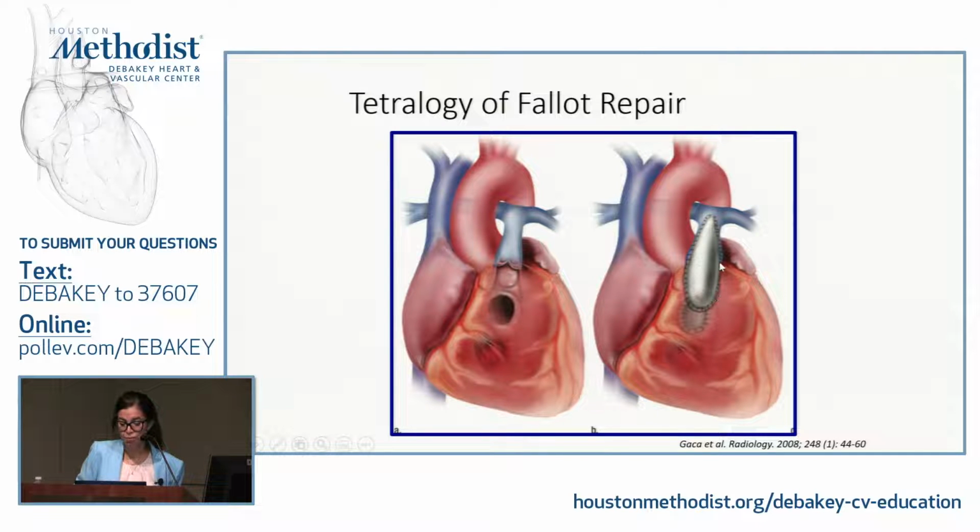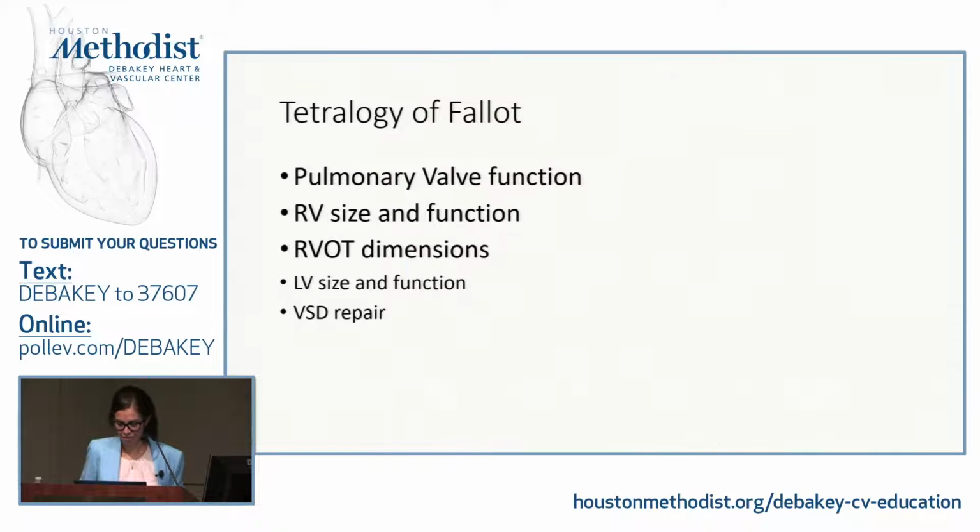If the pulmonary annulus is small and there is valvular stenosis, then those patients may need a patch like the one you see here, that is a transannular patch. Patients that were operated on in an earlier surgical era are more likely to have this approach.